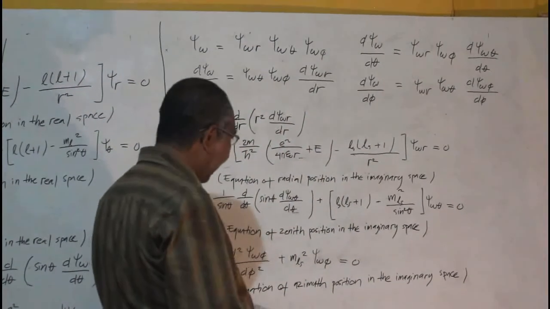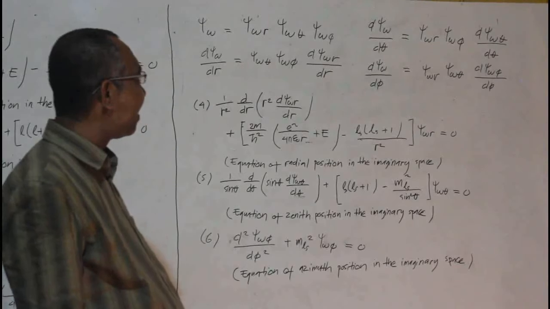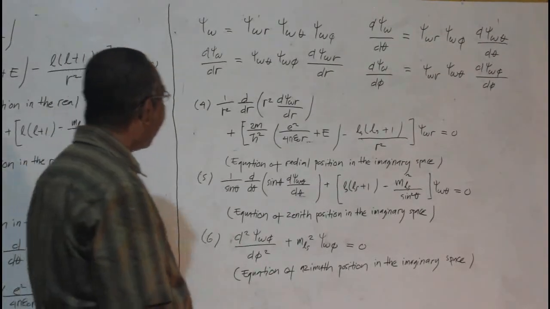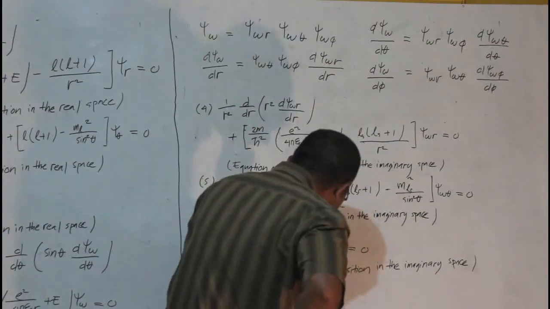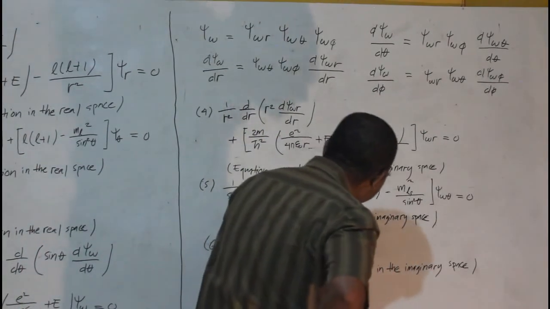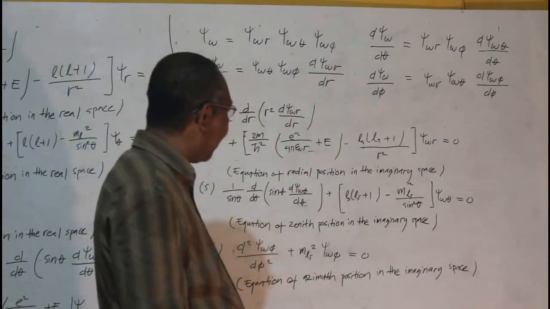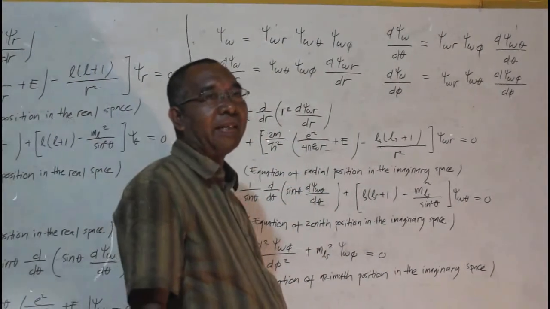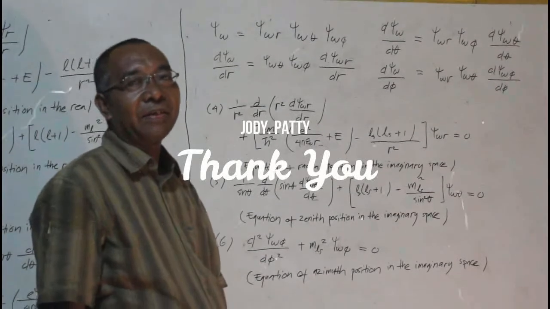This is the equation of azimuth position in the imaginary space. Here, mLs and Ls are the magnetic quantum number and the orbital quantum number applicable in the imaginary space.